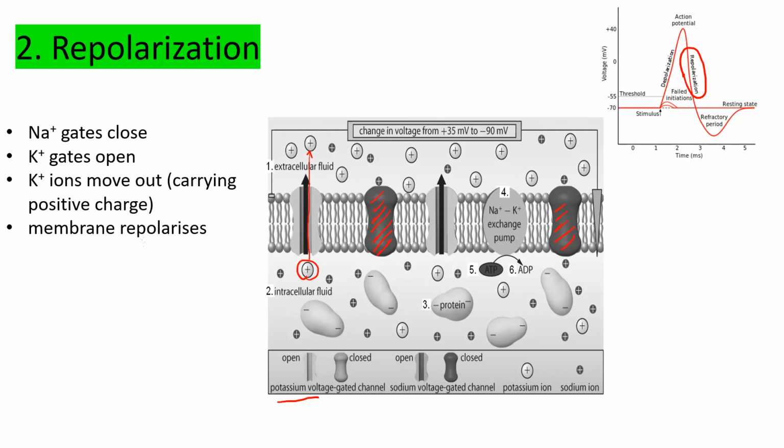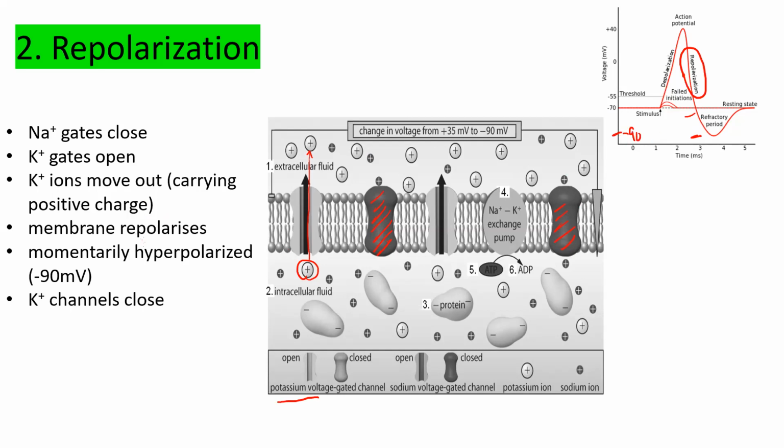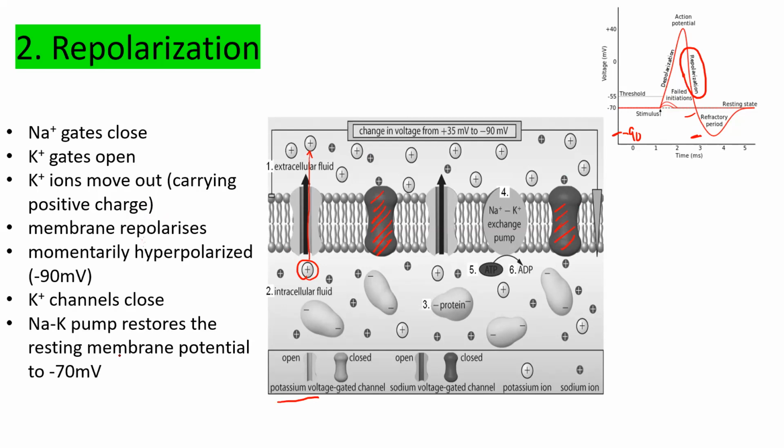The membrane repolarizes, but momentarily it becomes hyperpolarized. It goes from negative 70 down to about negative 90 millivolts. Potassium channels close, the sodium-potassium pump restores it. Some of this potassium is going to leak back out, and we get a negative 70 restored.